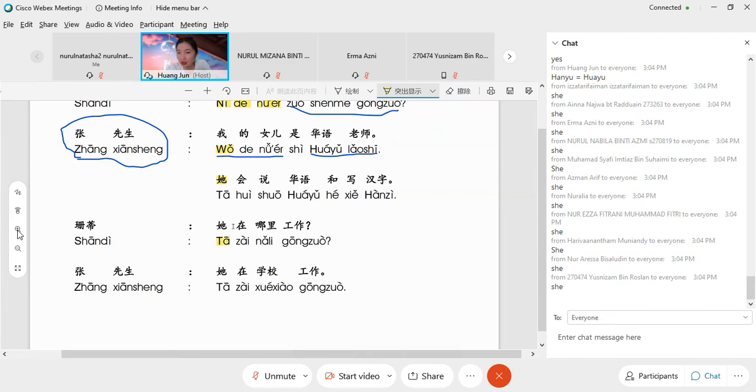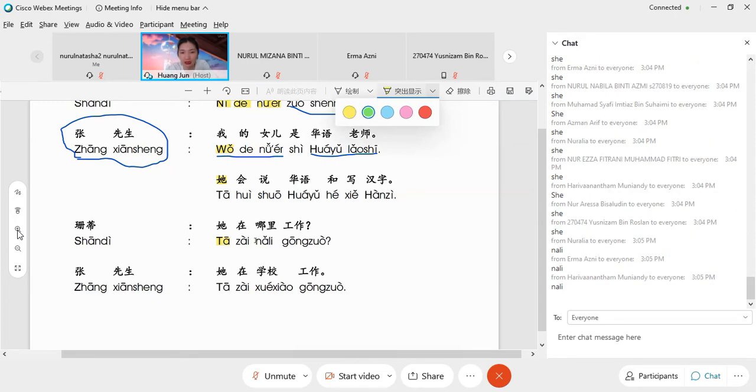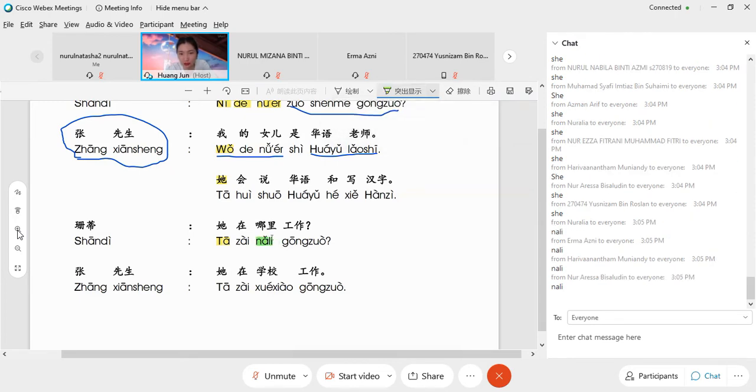Which one is the question word inside this sentence? Very good, 哪里. This is the question word, so when you answer, you just put your answer here and copy the other words in the same place. 她在哪里工作 means where does she work. You answer, she works at school, 她在学校工作. This will be the whole sentence.